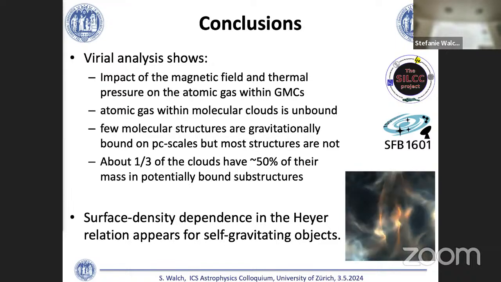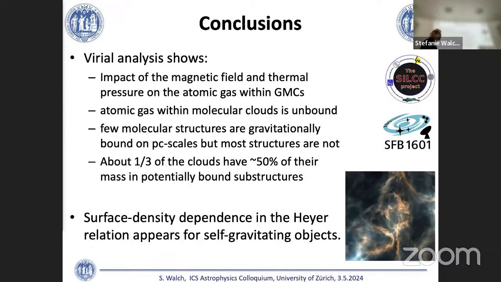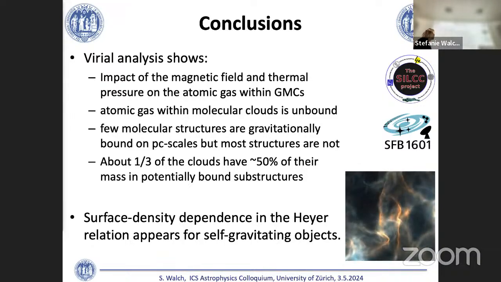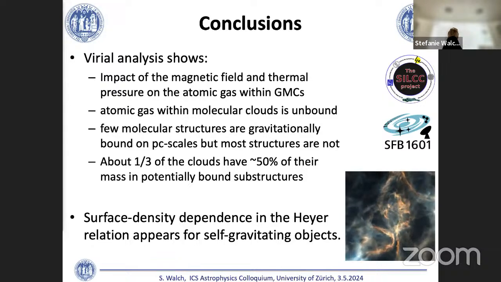So basically what our Vir analysis shows is that the magnetic field and the thermal pressure have a strong impact on the atomic gas phase, which is mixed inside the molecular clouds. So you cannot say the mass in a molecular cloud is only molecular mass, but there's a mixture of atomic and molecular gas.